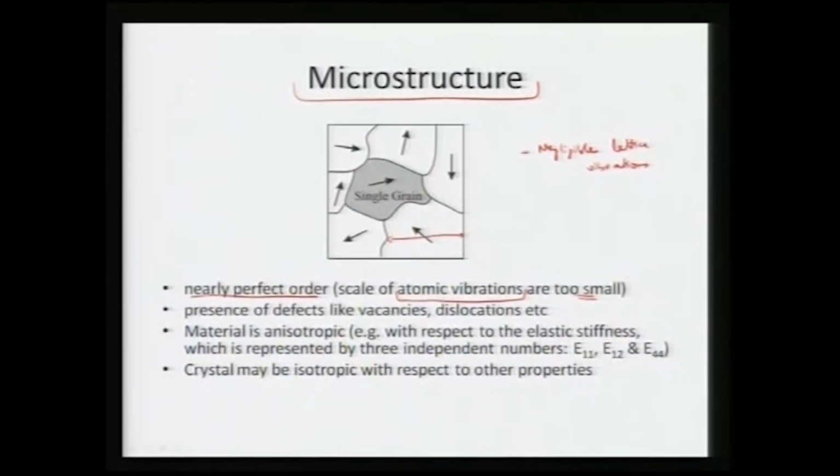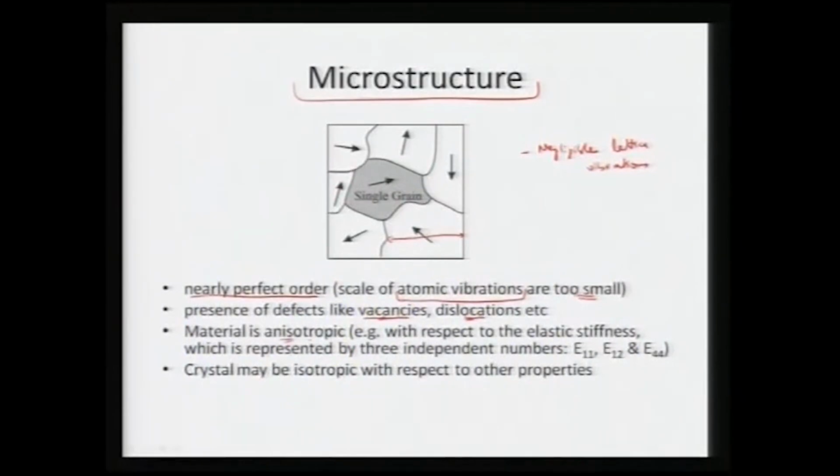Though there can be some defects such as vacancies, dislocations, Frenkel defects, Schottky defects or many others, these are certain imperfections available in a single grain. But what happens now?